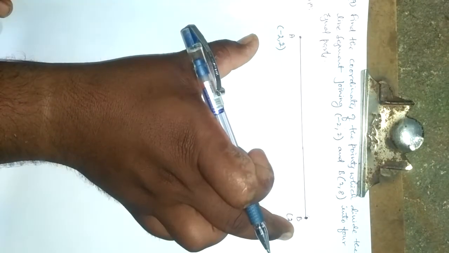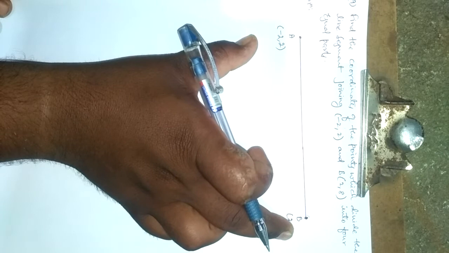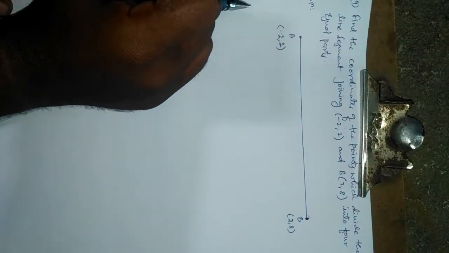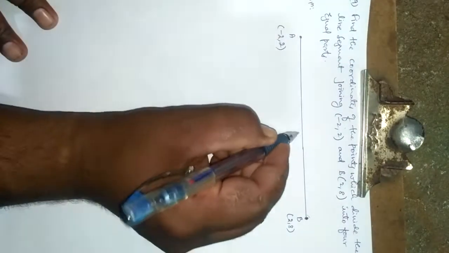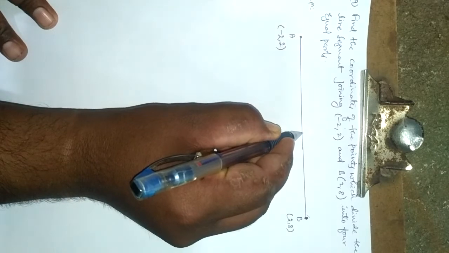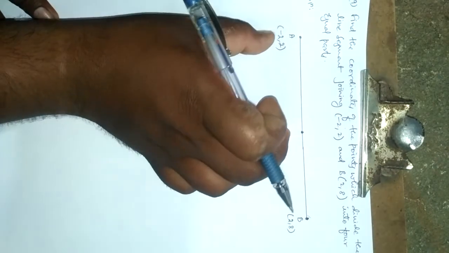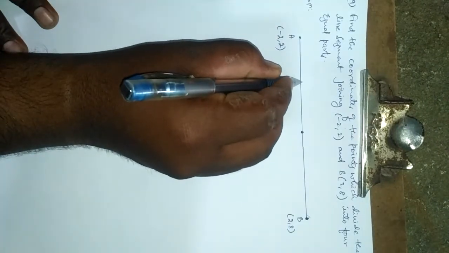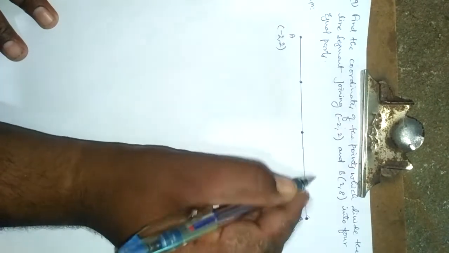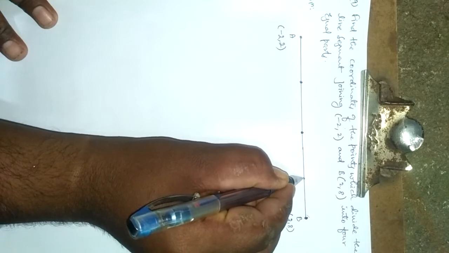After drawing the line segment AB, what do we have to find out? This total line segment we have to divide into 4 equal parts. So how do we divide it into 4 equal parts? First I am going to make 2 equal parts by taking the midpoint of AB. In this part again I am going to take a midpoint, and in the second part also I am going to take a midpoint.